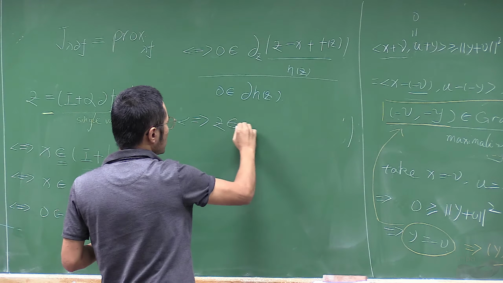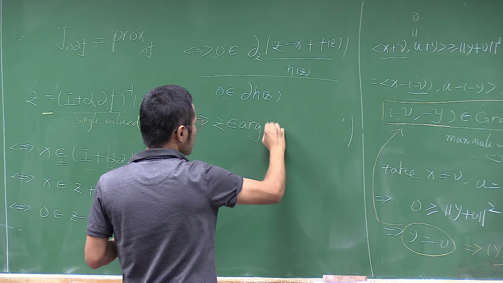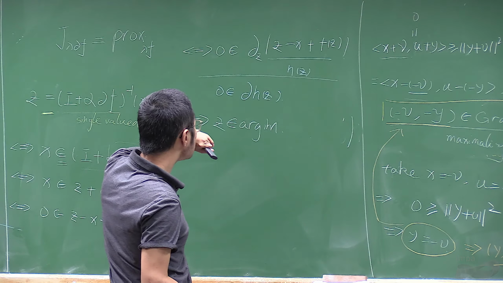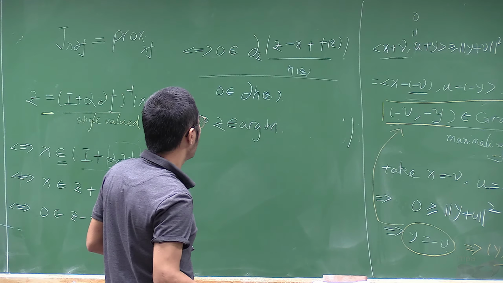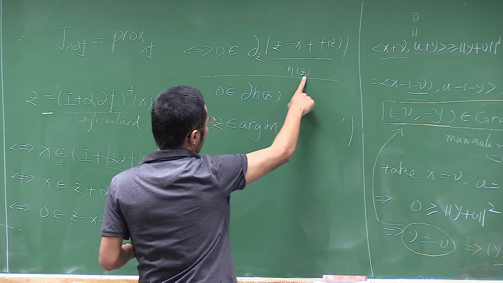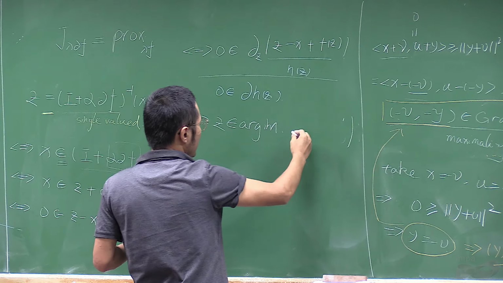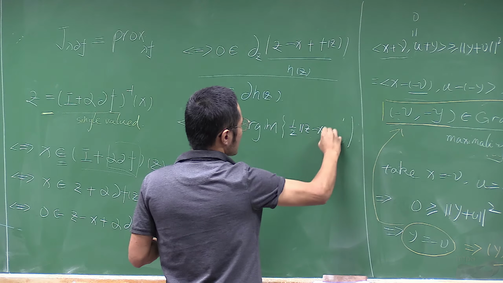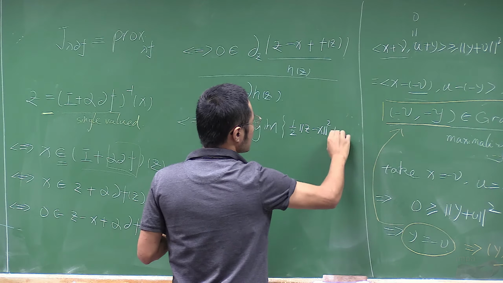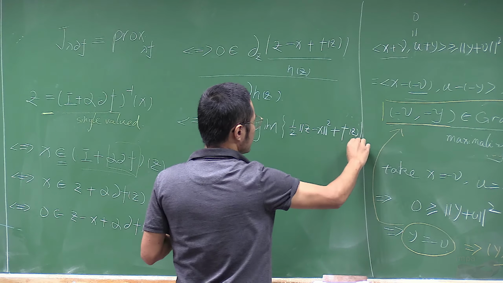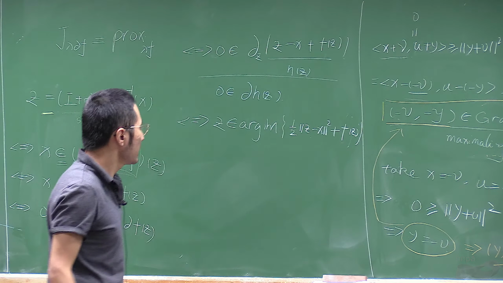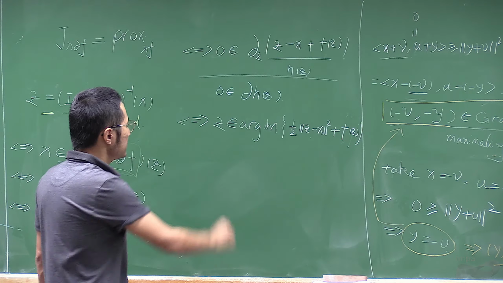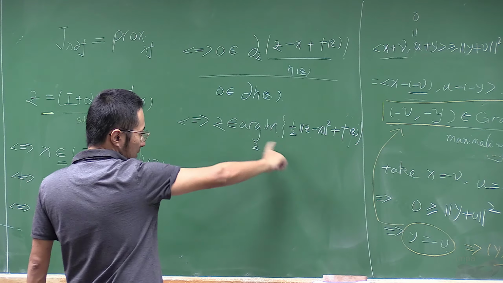So we can conclude that z belongs to the argmin of h. What is h of z? h of z is 1 over 2 times the norm of z minus x squared plus alpha f of z. So it is equivalent to saying z is the argmin with respect to z of this function.